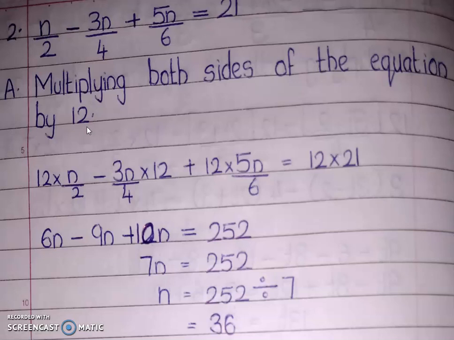Multiplying each and every term of the equation by 12. You can see 12 into n by 2 minus 12 into 3n by 4 plus 12 into 5n by 6 equal to 12 into 21. Reduce, you will get n equal to 36.